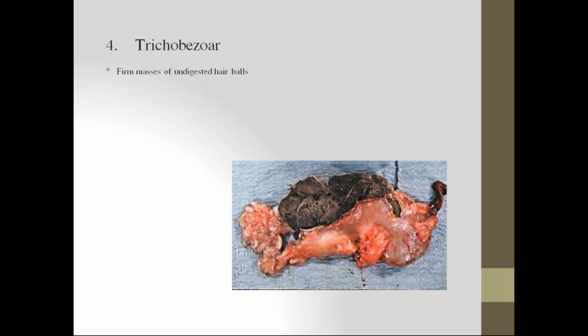In children or in younger cases where the load of the disease is minimal, you could try enzymatic therapy like papain therapy. These can dissolve the masses and promote their intestinal transit. If it is not the case, then the option is surgery.